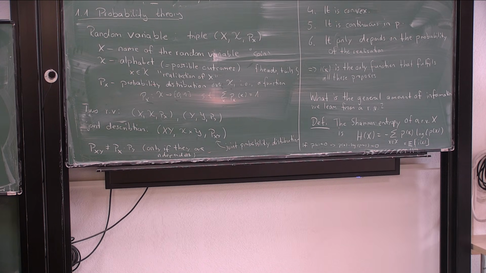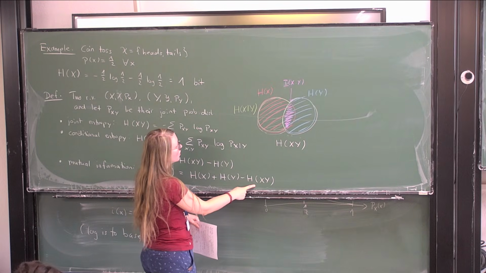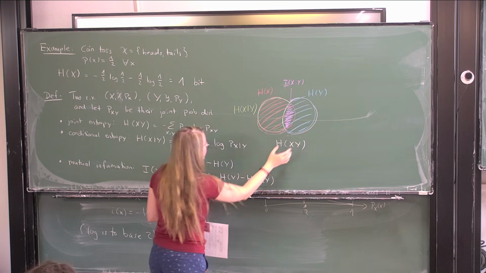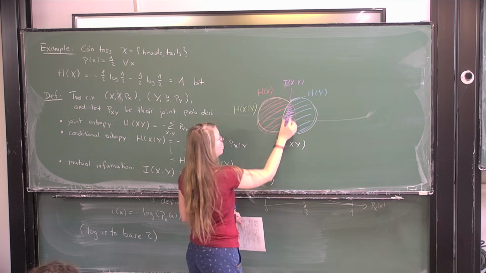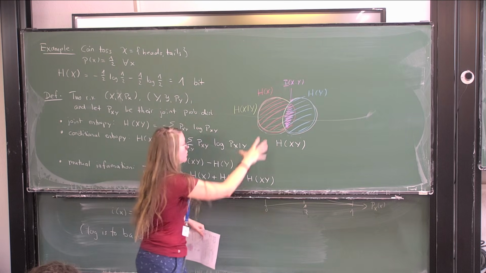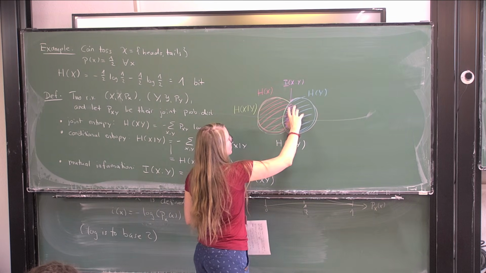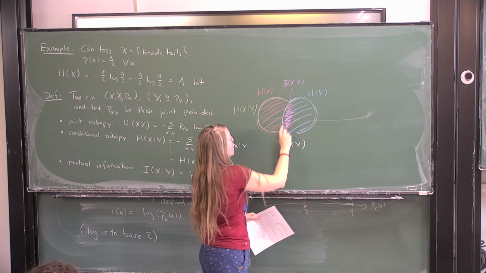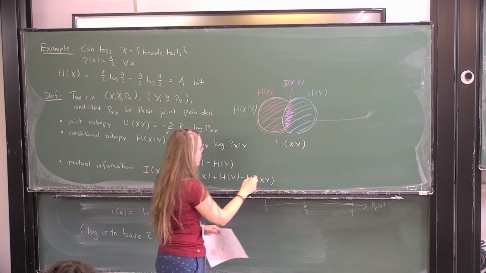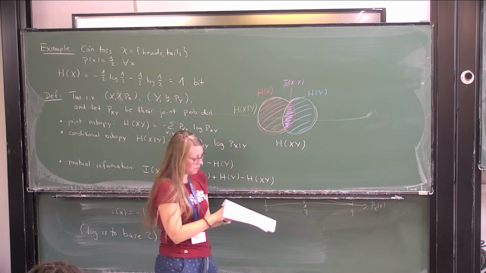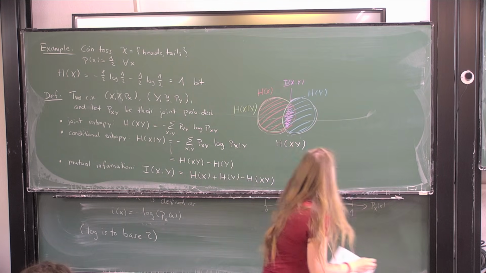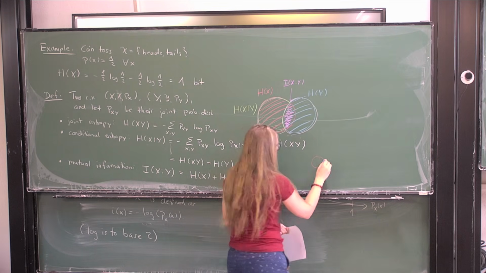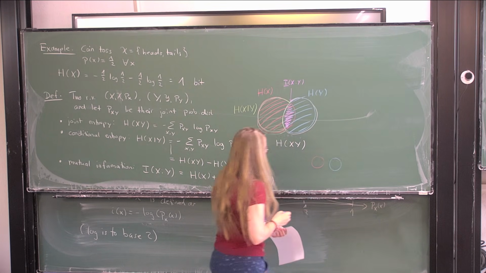You can also see that from this formula. Because if you take H(x) and you take H(y), then the part that overlaps, you have it twice, right? You have taken this circle and that circle, so the part that overlaps appears in both of them. And if you only want this mutual information, this overlapping part, once, let me visualize this. So in this formula, you take H(x) plus H(y).